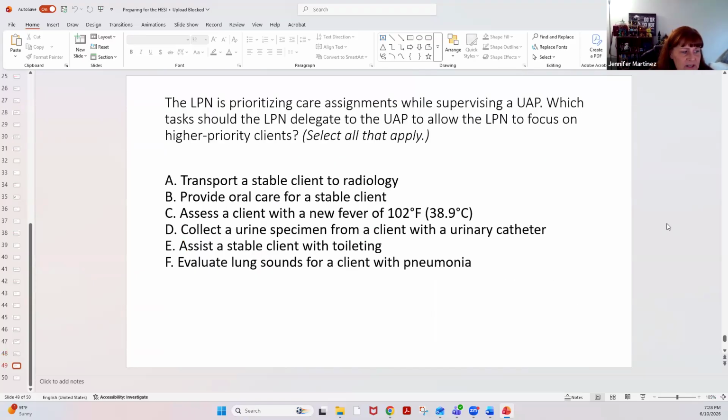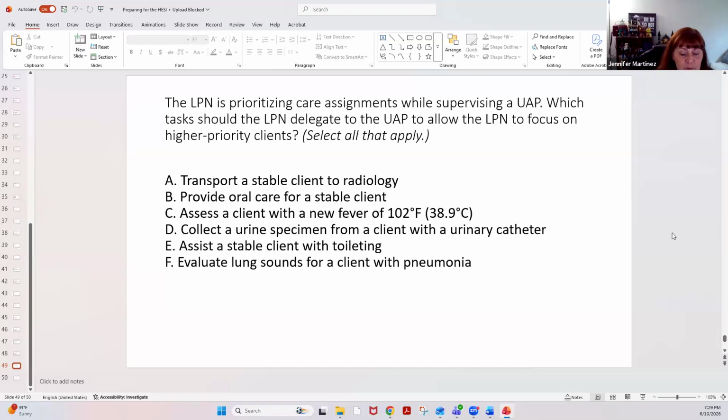All right, last question for this one. The LPN is prioritizing care assignments while supervising a UAP. Which tasks should the LPN delegate to the UAP to allow the LPN to focus on higher priority clients?